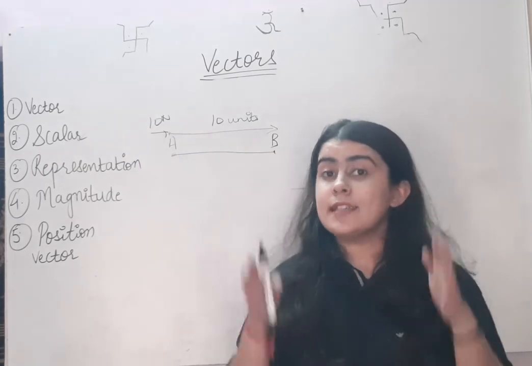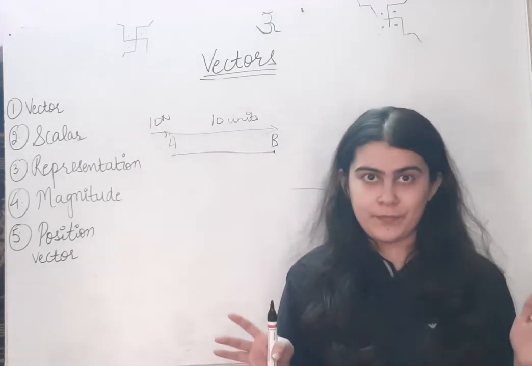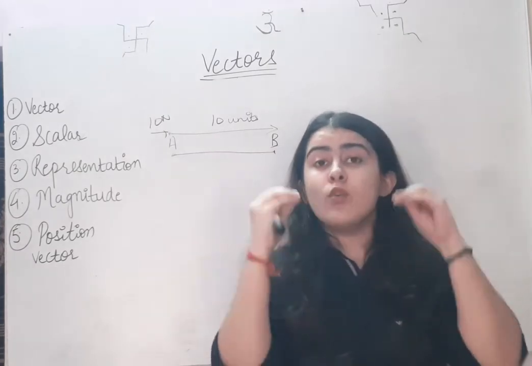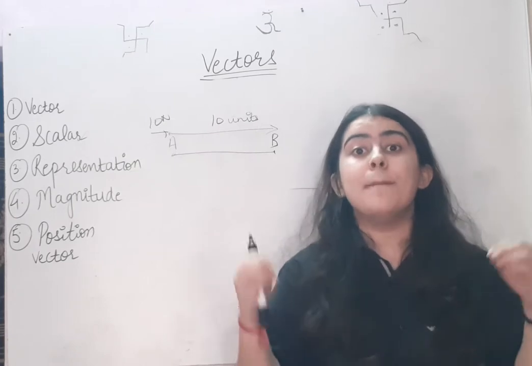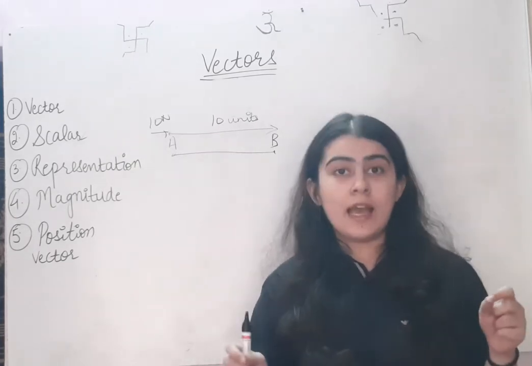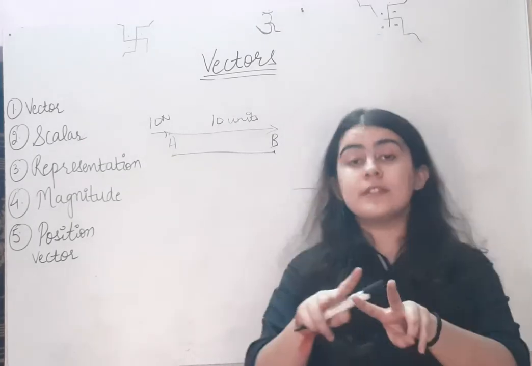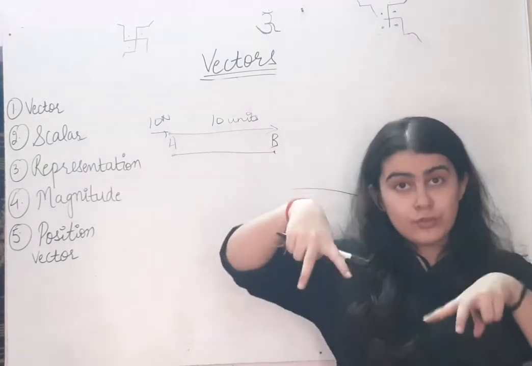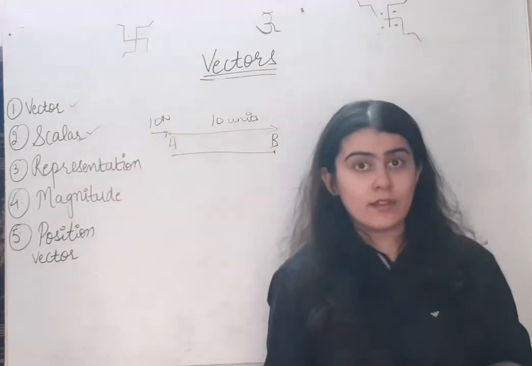The quantities which can be measured are known as physical quantities. Any quantity which is measurable is known as a physical quantity. And the physical quantities are divided into two segments. First one is the vector and second one is the scalar.